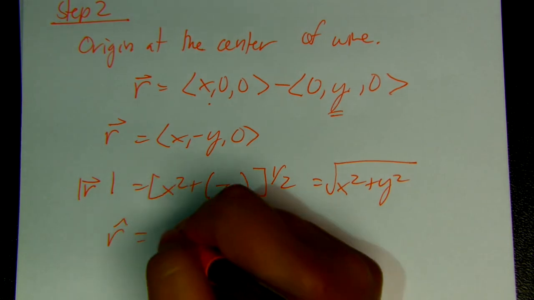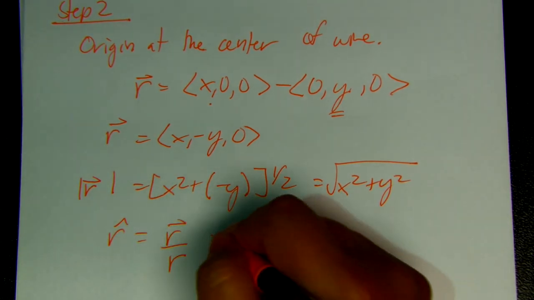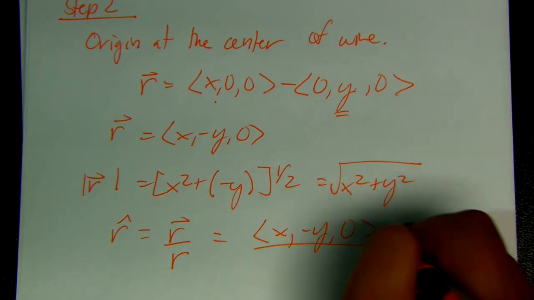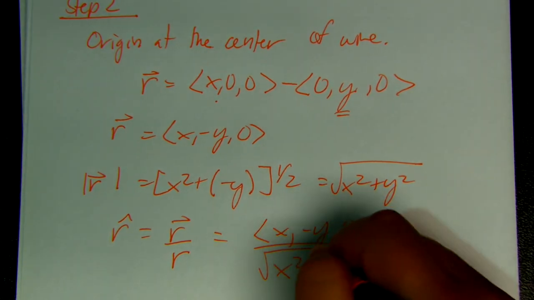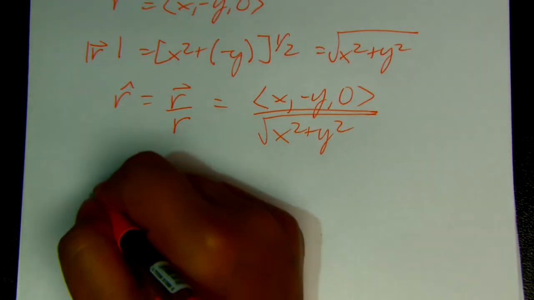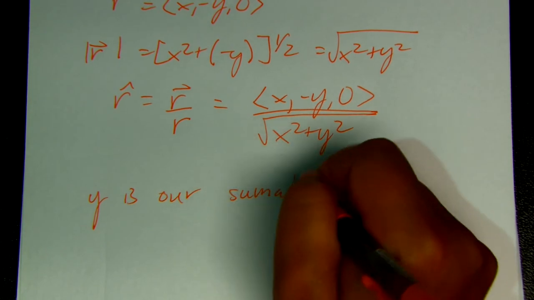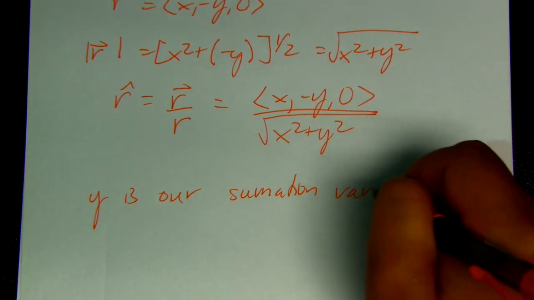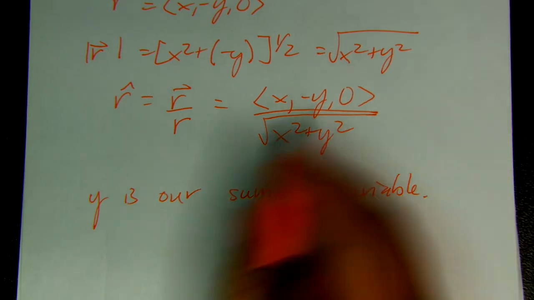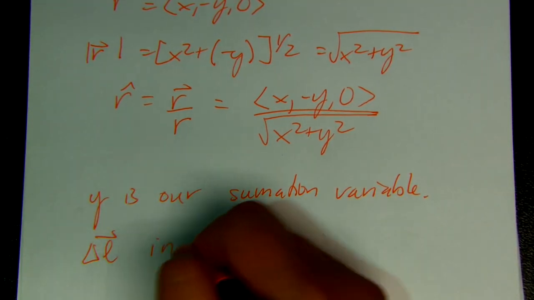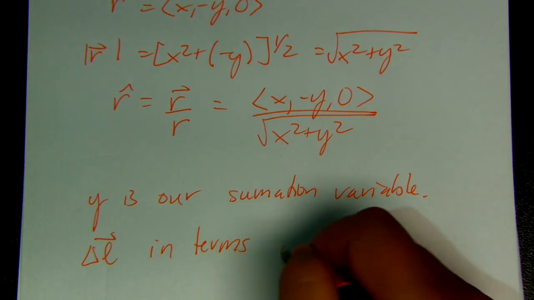And R hat is equal to R over its magnitude, which is equal to (x, -y, 0) over (x squared plus y squared) to the 1/2. And y is our summation variable. So we can do delta L in terms of y.